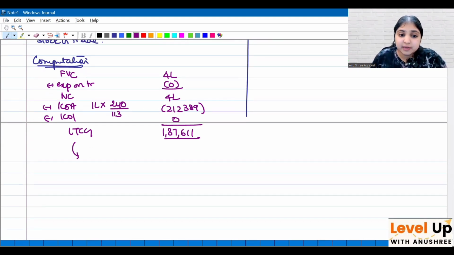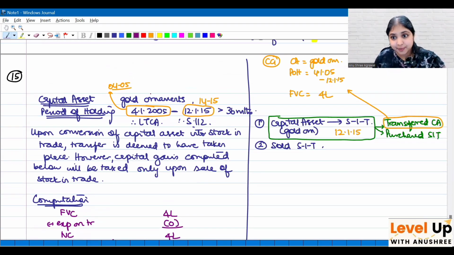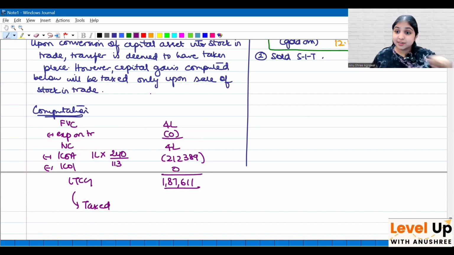Yes. But when will we tax it, guys? Will we tax it upon transfer? No. This is conversion of capital asset into stock in trade. This is one of the exceptions. Right now, I don't have any money in hand because in reality, I did not sell away the capital asset. So no money inflow. From where will I take money and pay tax? So I'll wait till I sell the stock in trade.